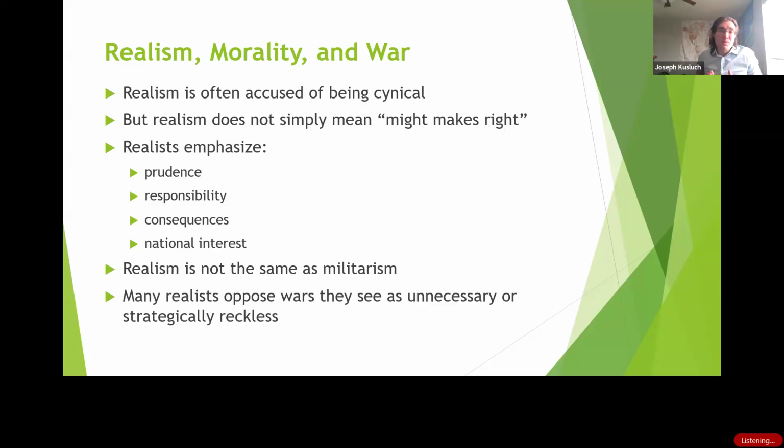An ethic of responsibility focuses on consequences, trade-offs, and the burdens of political leadership. The textbook's discussion of realism's political morality emphasizes this point. It notes that realists tend to treat prudence, the careful judgment of consequences, as a central political virtue.